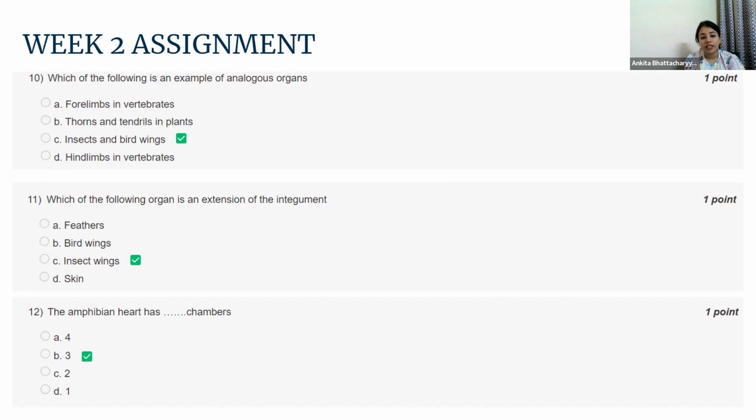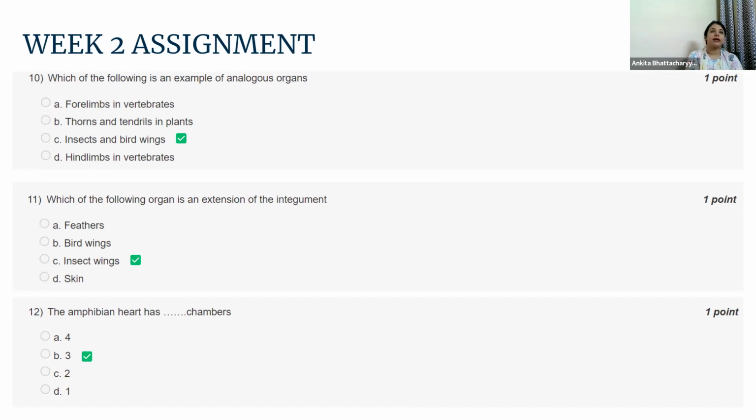And actually, continuing with the theme of the previous question, which of the following is an example of analogous organs? Forelimbs in vertebrates are obviously not the answer, because it's just what we discussed for the last question. Then foot horns and tendrils in plants, not that either. Instead, insect wings and bird wings.